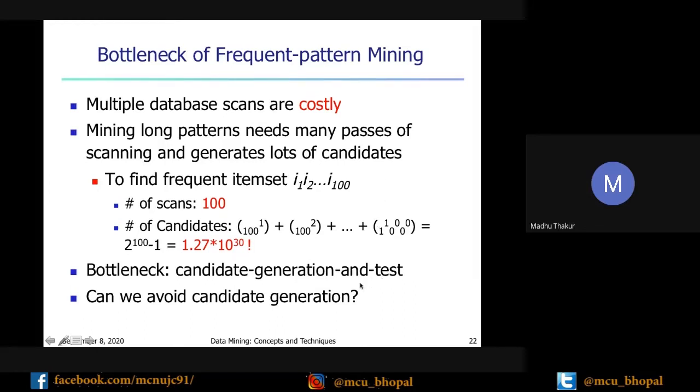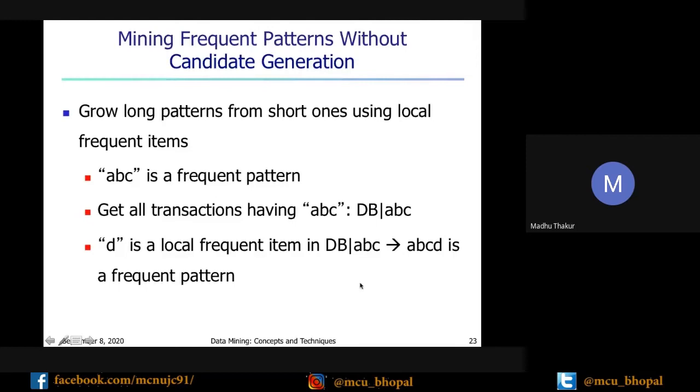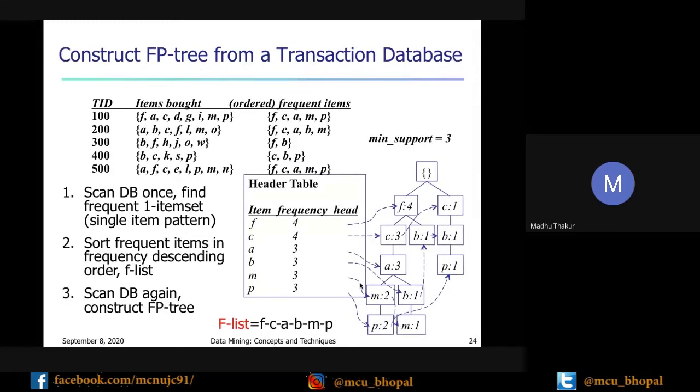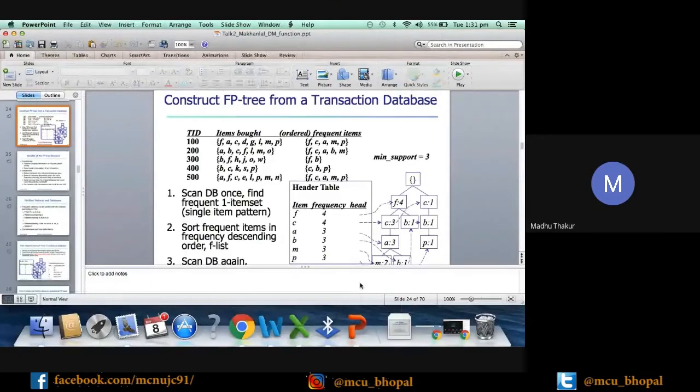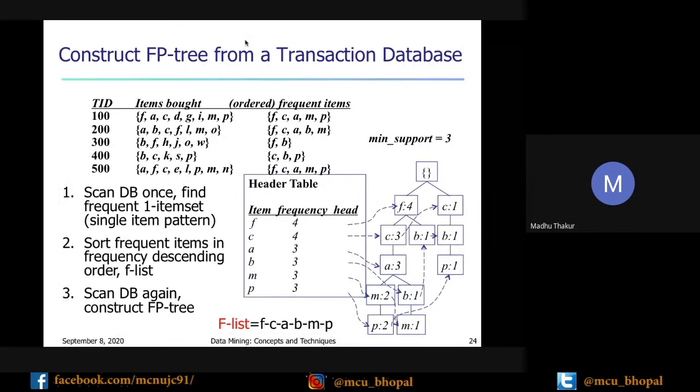So can we avoid this? There is another method which works without candidate generation, and that is the frequent pattern tree, the FP tree. This is also a very well-known tree. It will take only 2 scans for generating the frequent patterns.